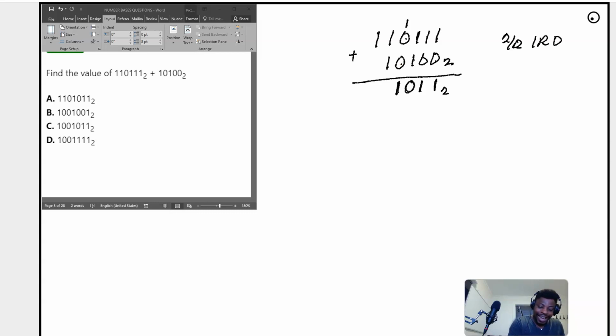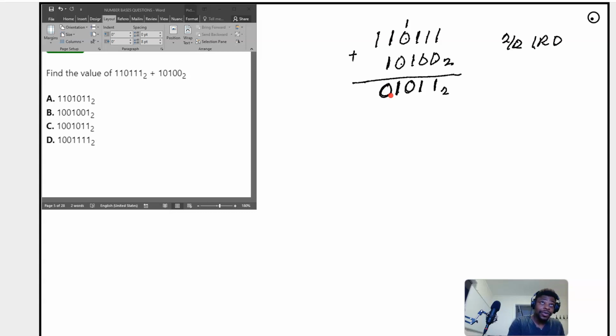Now let's look at the last four values that we have. So A is still looking like what we have, and C is looking like what we have. So D is eliminated. So B and D are out. So we are going to pick either from A or C. So let's continue now. So this is 1 plus 1, that is 2. This is 1 remainder 0. So 0 here.